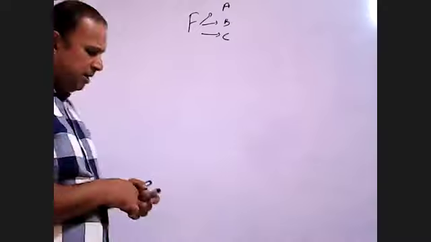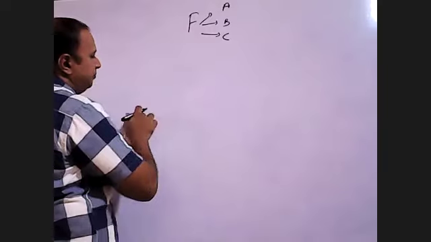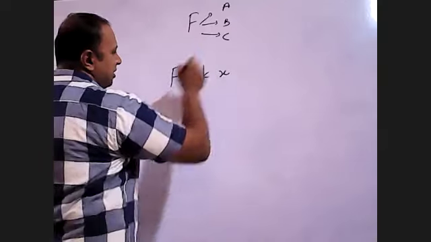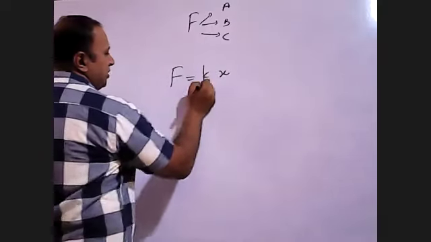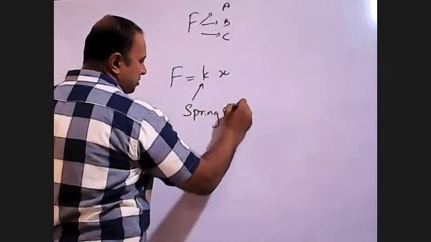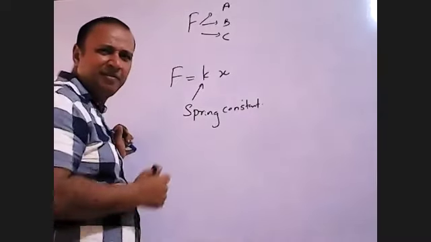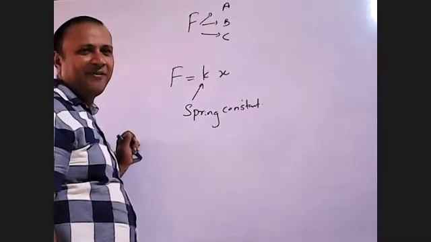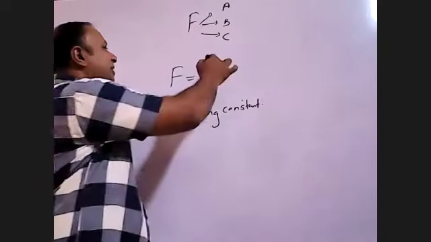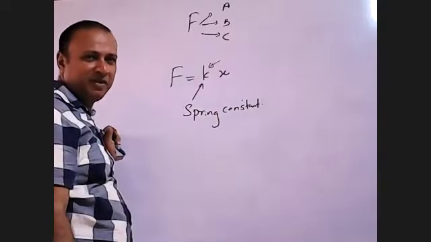As an example, you may remember the equation F equals kx. This one is the spring constant. I think I have discussed this one, right? We have determined the dimension of the spring constant previously.